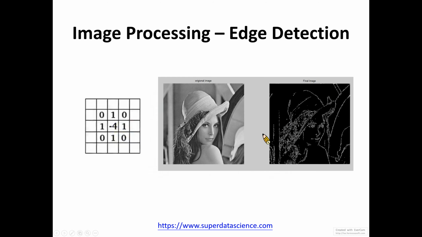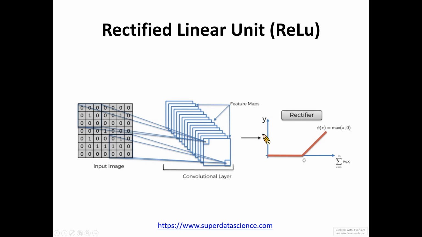Okay, so let's go back to this rectified linear unit. So we need threshold functions to determine which features are important or not. So we can further reduce the dimensionality of these feature maps.